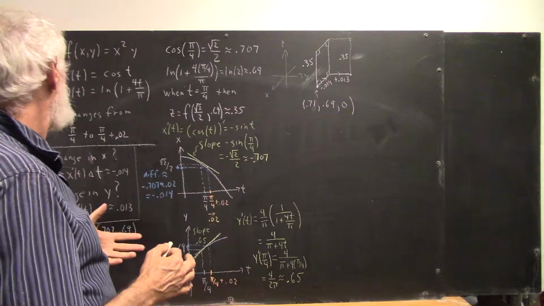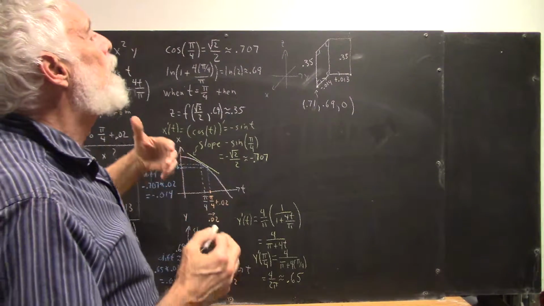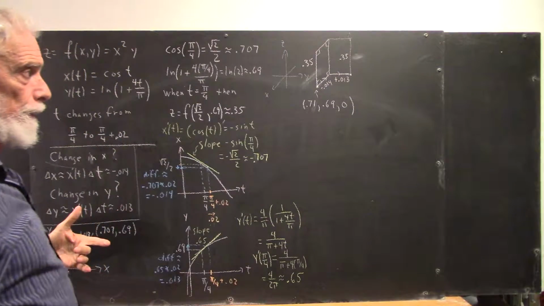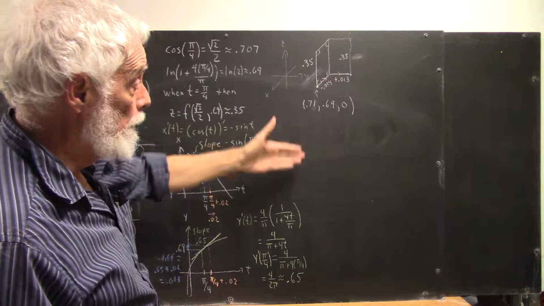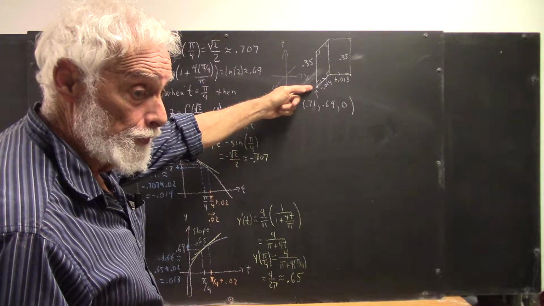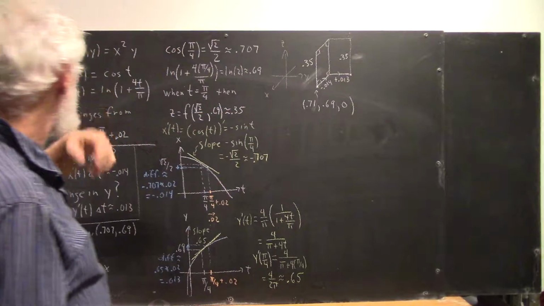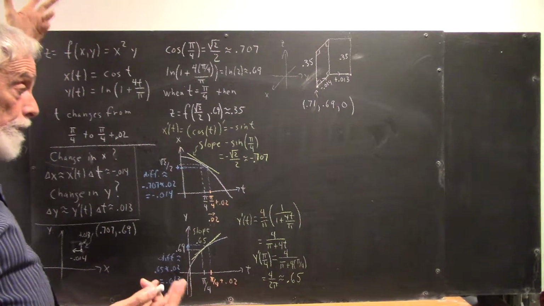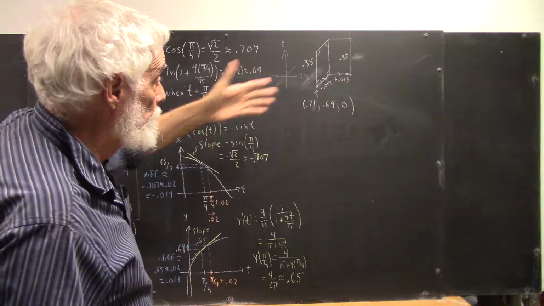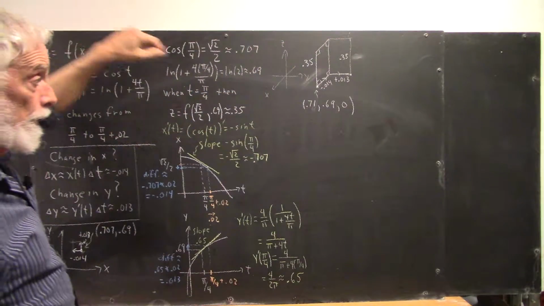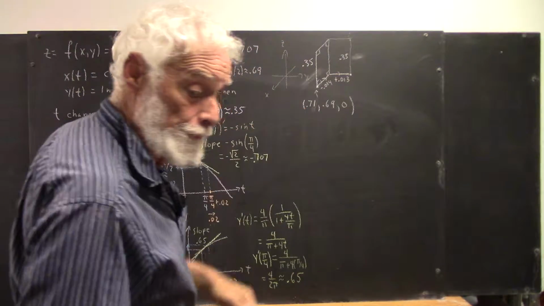As you know, now, if we confine ourselves to the xz plane, or the plane parallel to the xz plane through this point, we get a function that varies only with x, and y stays constant at 0.69.